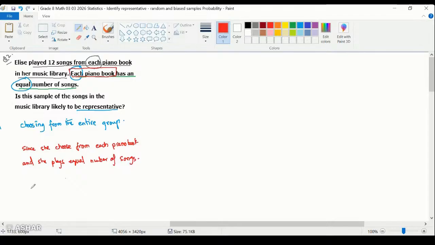That means this sample is representative, right? Why? Because all of the options were selected and an equal number of options were selected from each option. Okay. Moving ahead next. With the questions, we'll have more clarity.